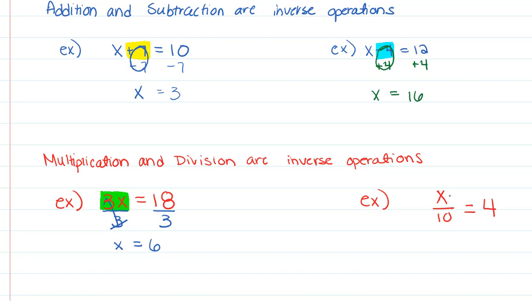If I go over to the next example, x divided by 10 equals 4. Even though it's written as a fraction here, it still means division. So this is x divided by 10. In order to undo that division, I'm going to multiply by 10 on both sides.